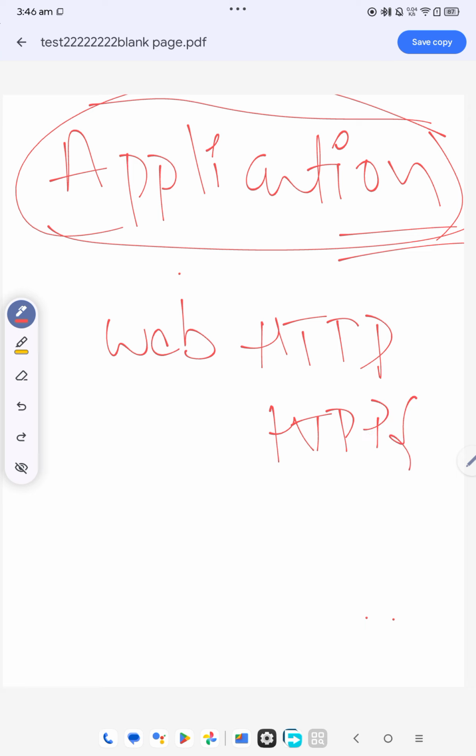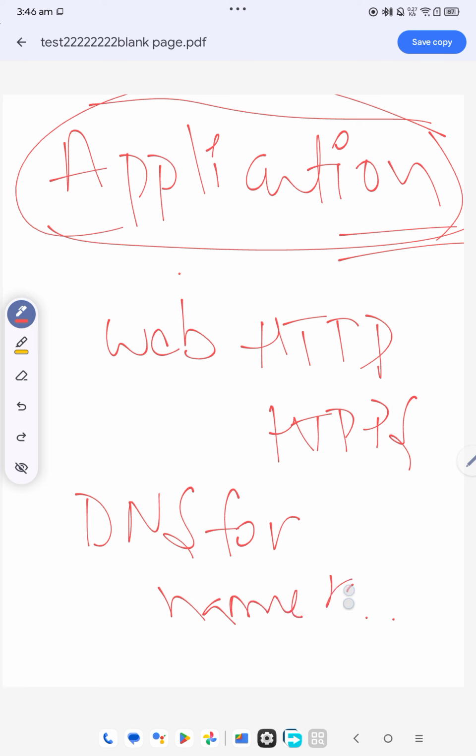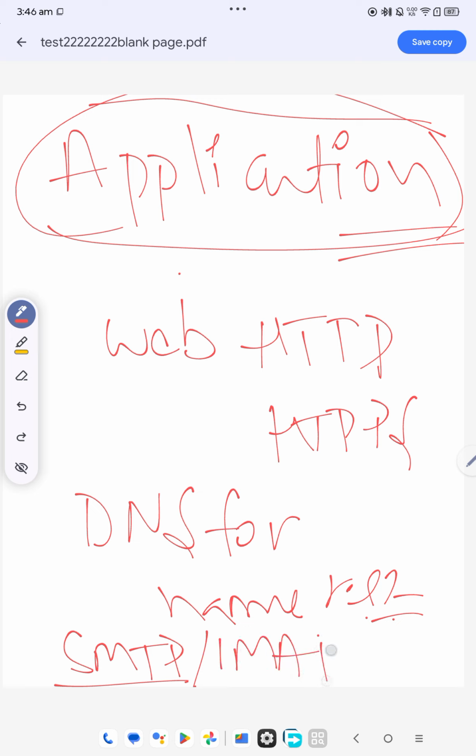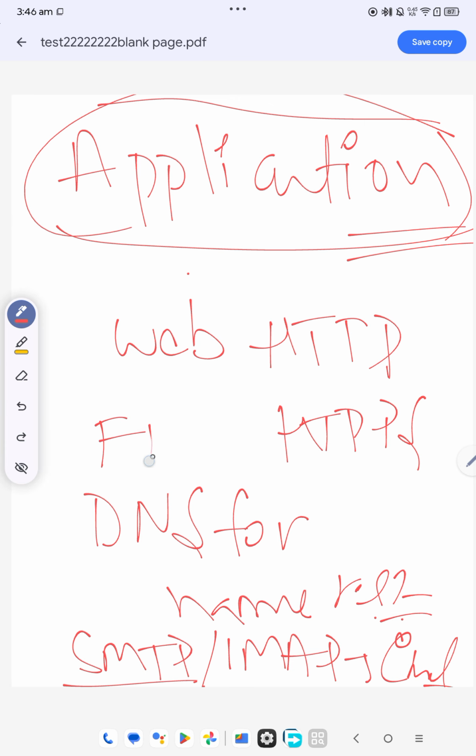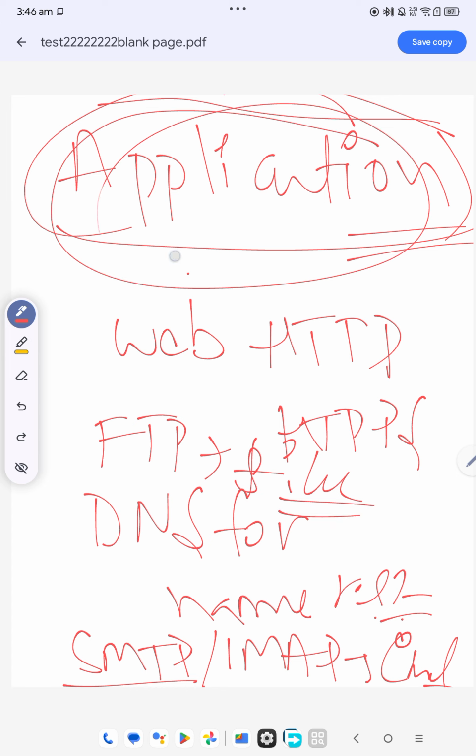DNS is used for name resolution, and SMTP and IMAP are used for email. File Transfer Protocol, FTP, is used for sharing files. This is the application layer you are most familiar with.